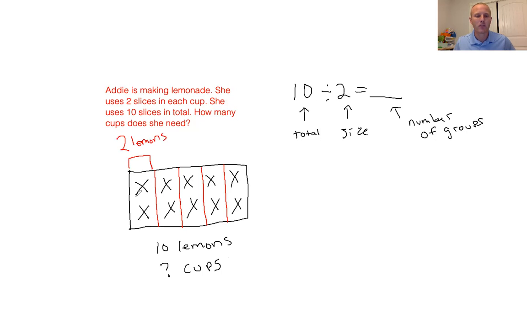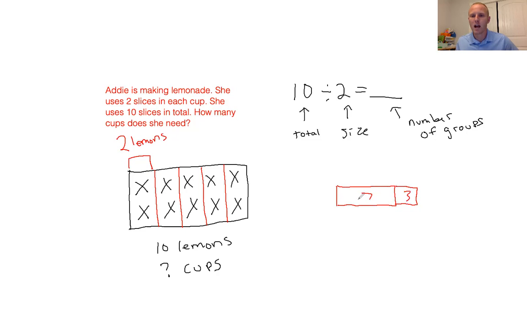This unit is worth 2 lemons. Notice that every unit, every rectangle, is worth the same amount. They're all identical, the same size. That's important because we've talked about how in multiplication and division the size of the groups has to be equal or it doesn't work. We'll go back to that 7 and 3 thing I showed you earlier with addition and subtraction.